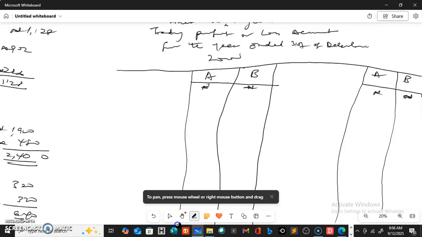So in the question, we're told that our opening stock is 5,710 for A. For B, we have 7,650.